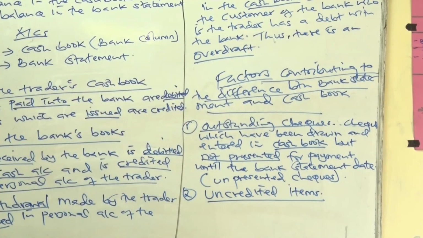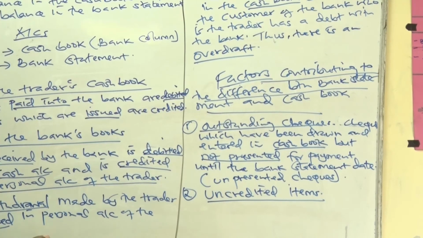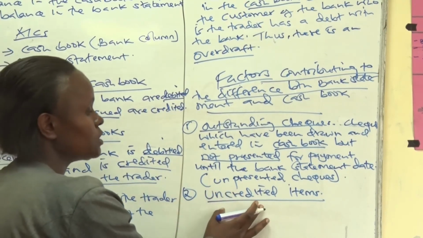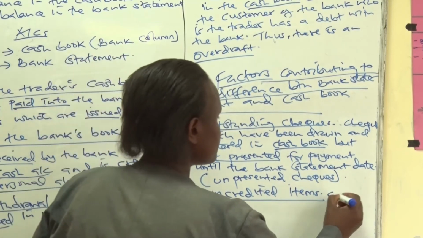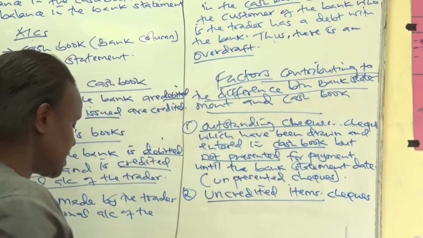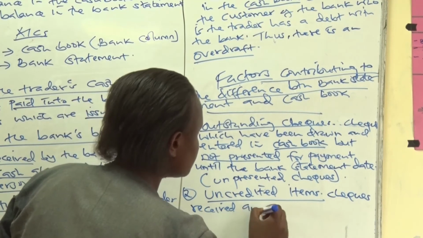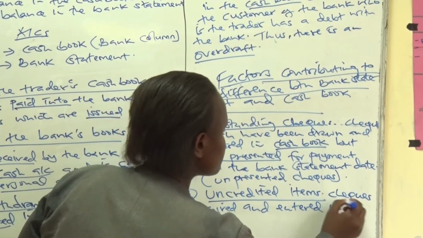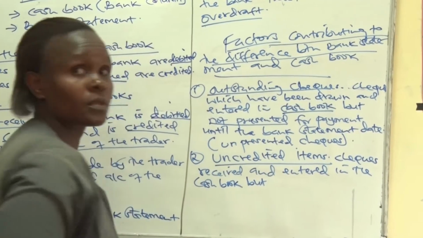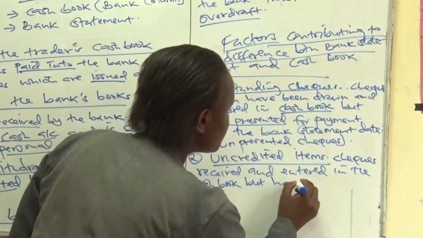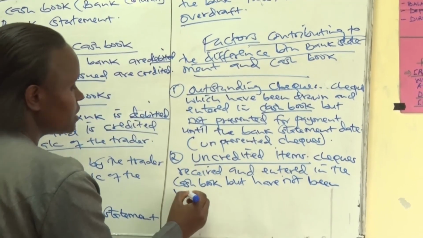These are the checks which have been received and entered in the cash book and taken to the bank to be paid, but the bank has not credited the account, so they have not been recorded in the bank statement.